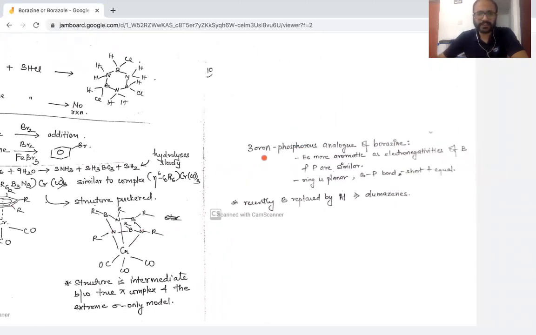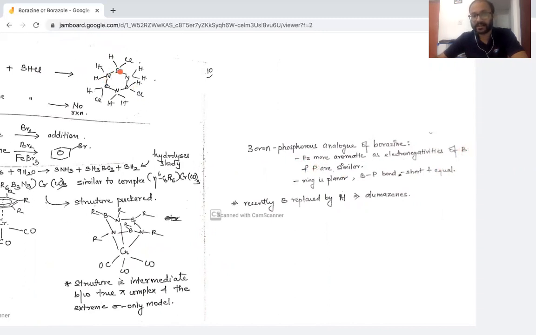Finishing with boron and nitrogen: if you replace the nitrogen with phosphorus, those compounds would be more aromatic. Why? Because boron and phosphorus have almost similar electronegativity.